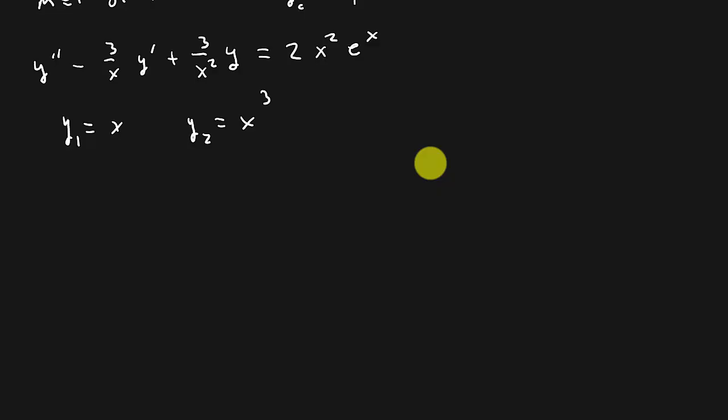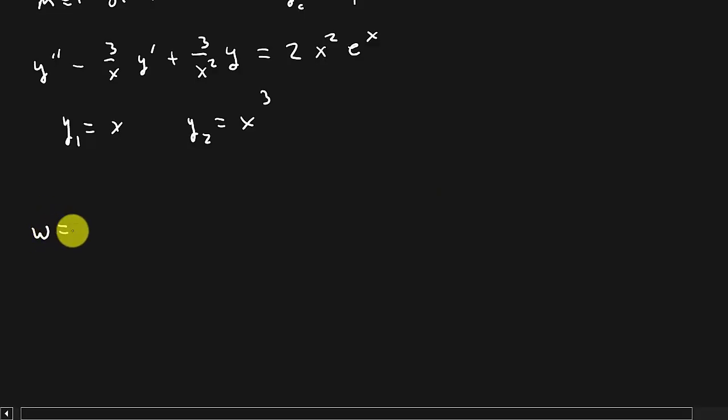All right, so what do we need? Well, we need W. Remember, W is y1, y2, and then y prime 1, which is 1, and y prime 2, which is 3x squared.